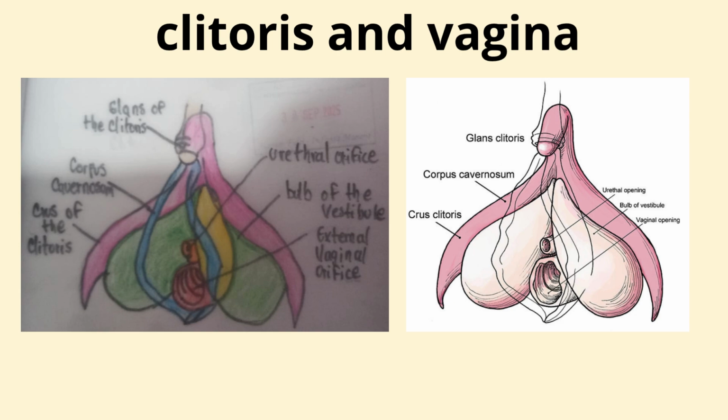We also see the bulb of the vestibule, another structure that becomes larger during arousal. Together, these parts make up the internal anatomy of the vulva and play an important role in sexual response and protection. And thus the overview of the female reproductive system, from the external structures that protect and allow sensation to the internal organs that make reproduction possible.